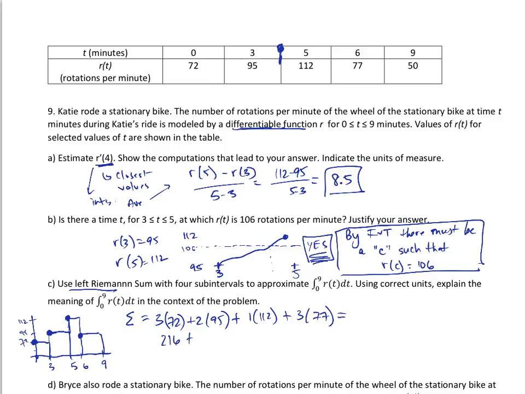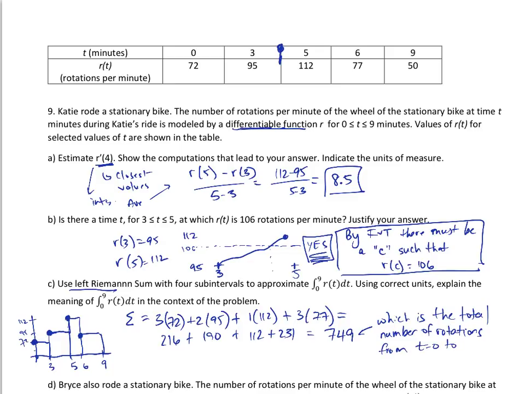This is 216 plus 190 plus 112 plus 231. And all this comes out to be 749. And what does this mean? This is the total number of rotations from t equals 0 to t equals 9. And that's our answer.